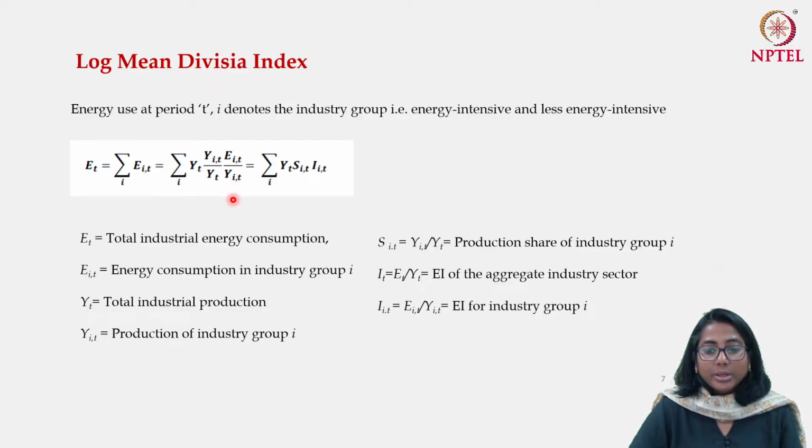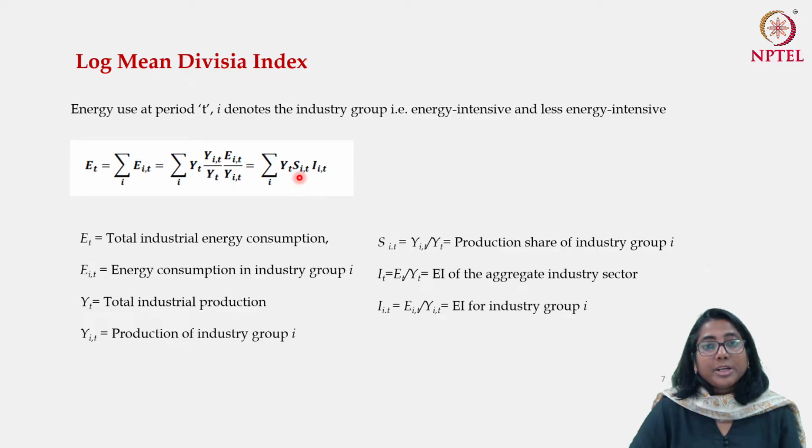By writing it down in this way, we have three components of energy demand. And you remember in the previous slides we were discussing that there are three sources of changes in energy demand. These are precisely the three sources. This will be able to capture the activity effect because YT is the output. By capturing the change in output, we'll be able to capture the activity effect.